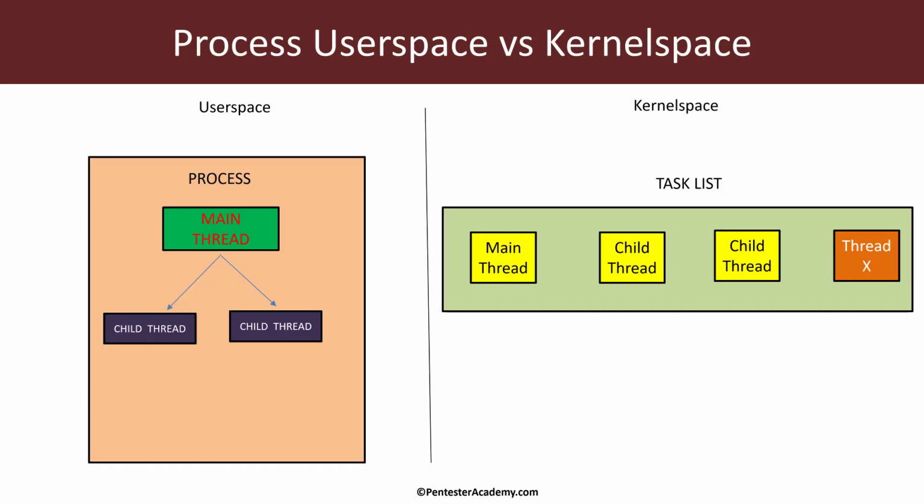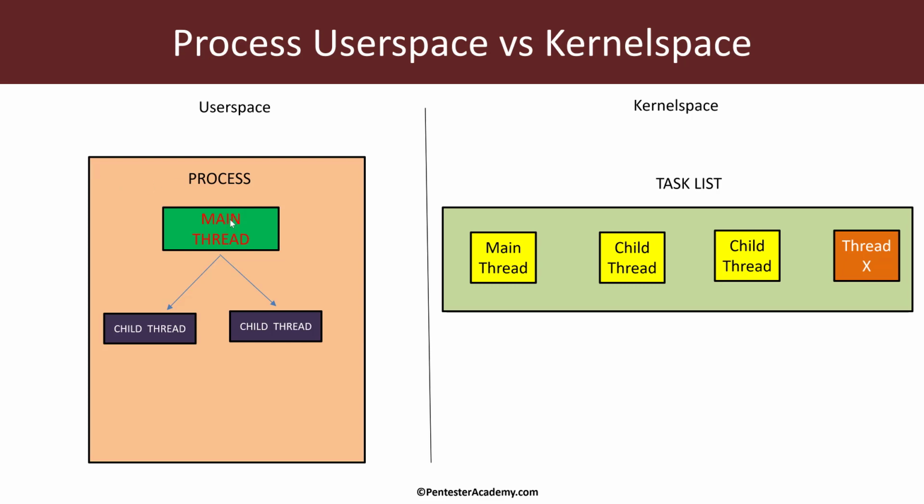Okay, now before we look at actual code, let me give you a very high level view of how processes in the user space relate with something called tasks in the kernel space. So in the user space, we are aware that we have a process. Typically, the process has its own virtual memory container, and inside that the process runs.